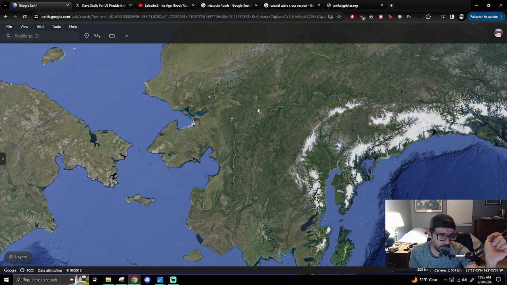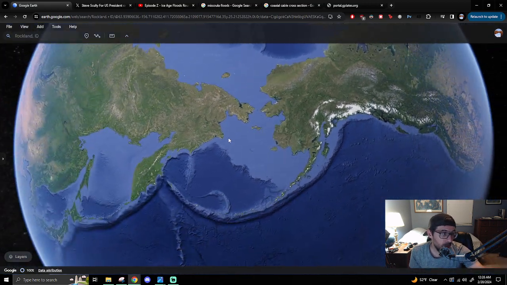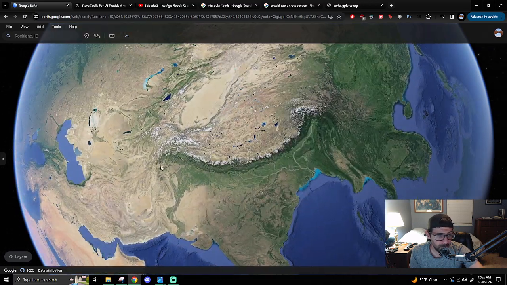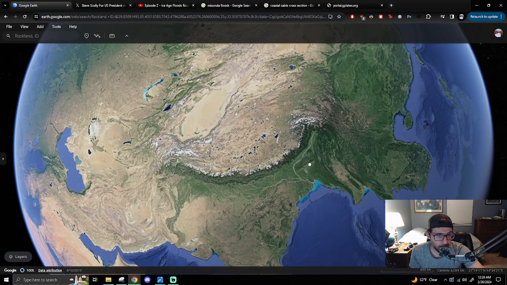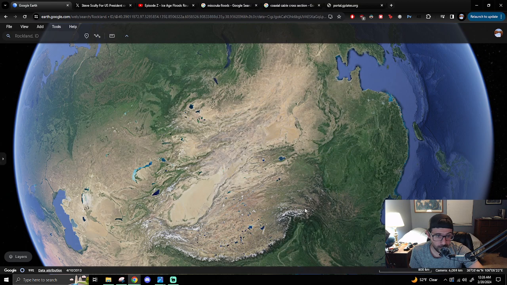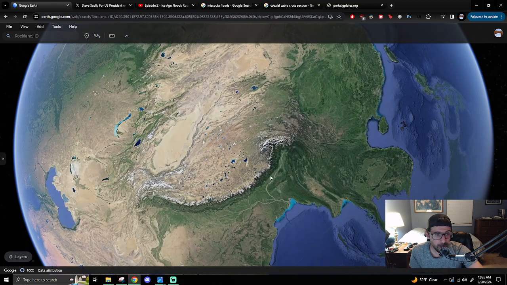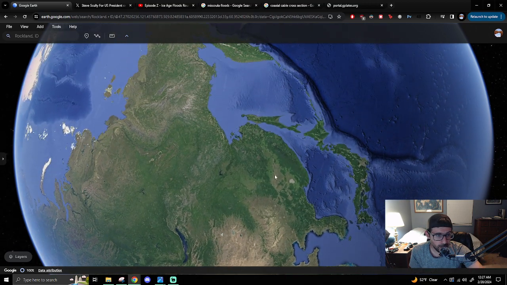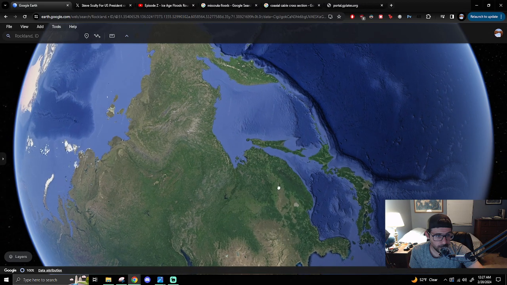Where exactly this is coming from, I don't know. I was thinking in a previous video recently that current went around the Himalayas, and because of this shape, it kind of suggests that it went across here, through here, through here.